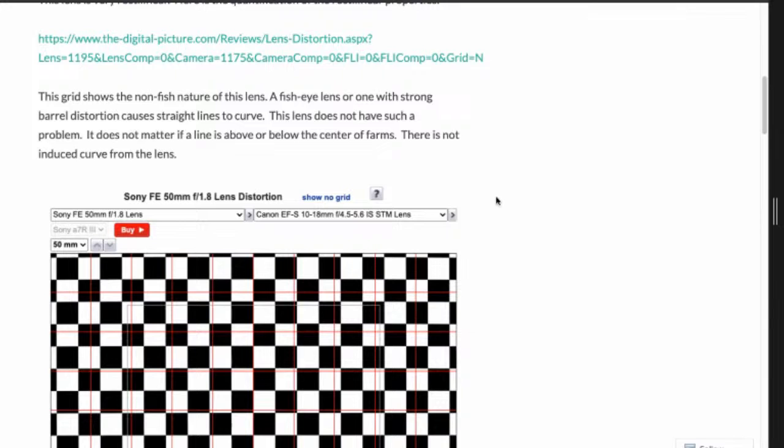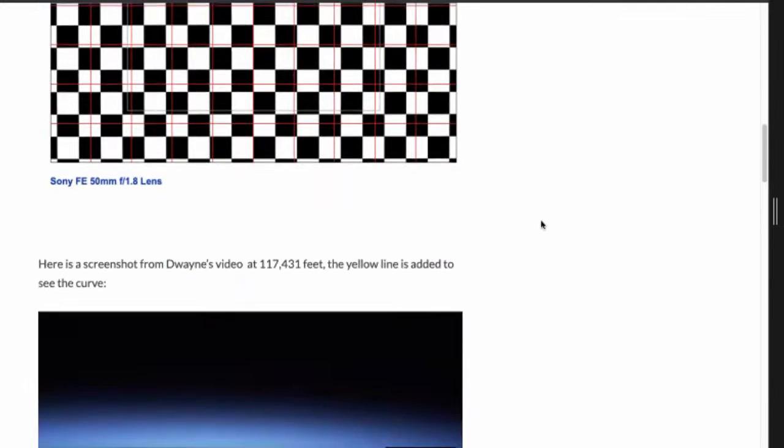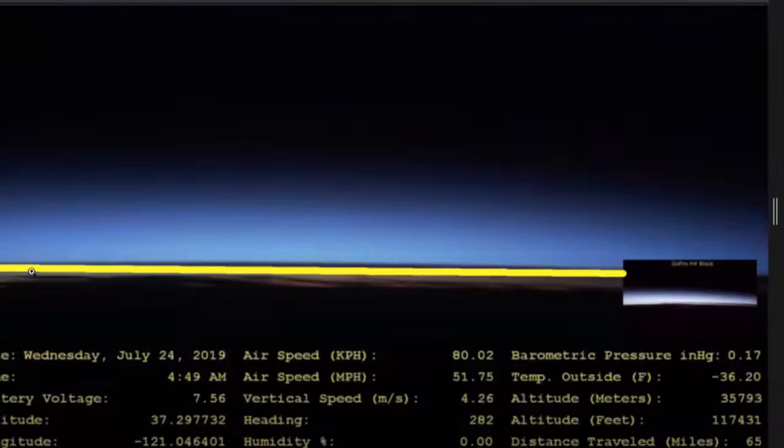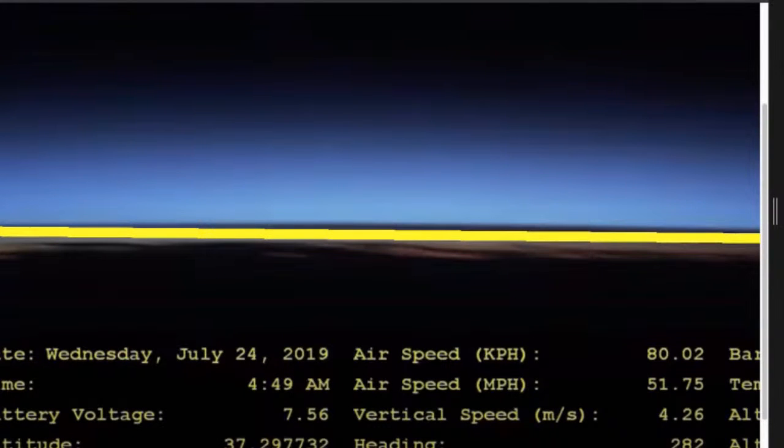No, it's one of many. So I'll just continue my presentation here. All right, here it is from 117,431 feet, using that lens that does not introduce barrel distortion. Here's the photograph. Right now, I added this particular line across it.